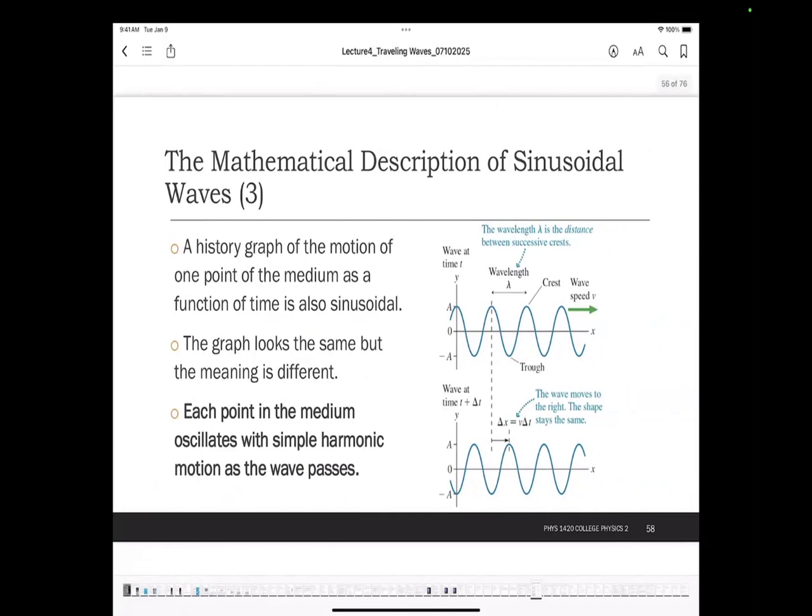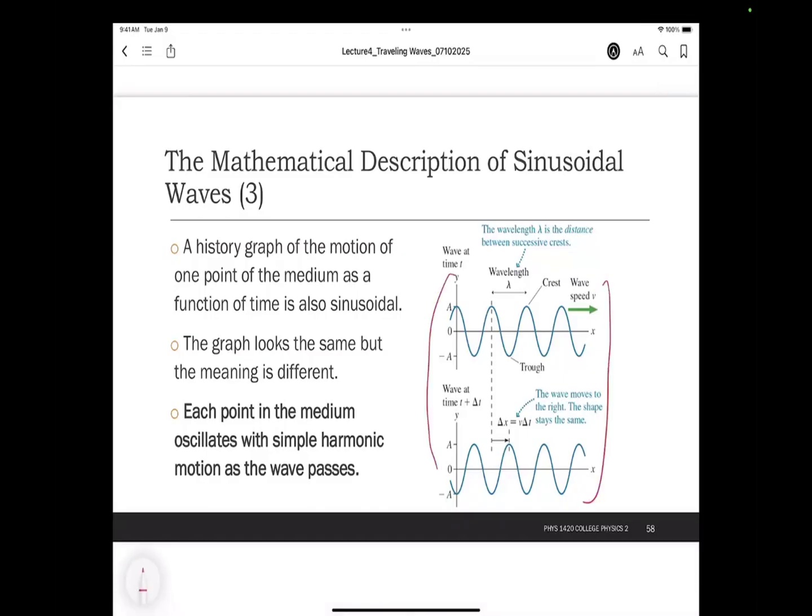A history graph of the motion of one point of the medium as a function of time is also sinusoidal. The graph looks the same, but the meaning is different. These two images are not history graphs, because for a history graph the axis must be t, time.